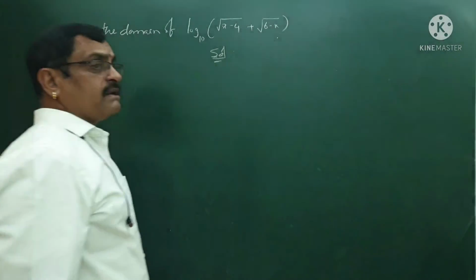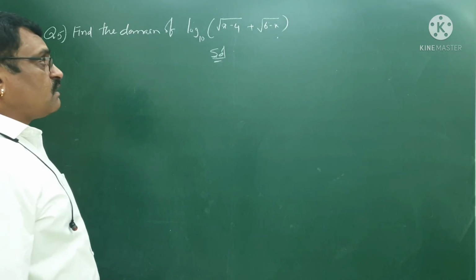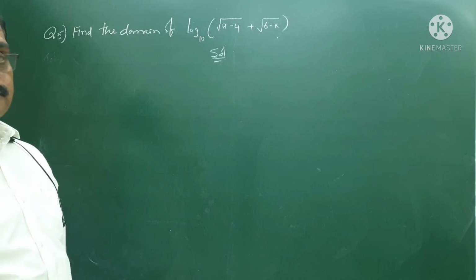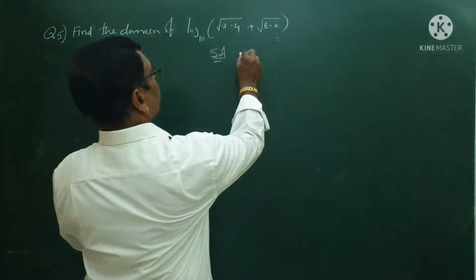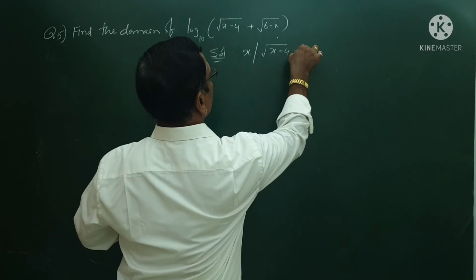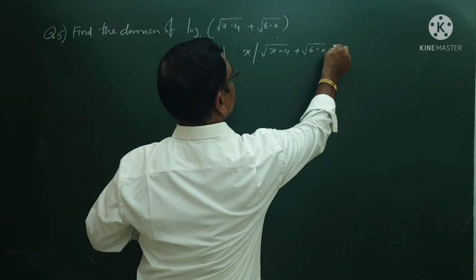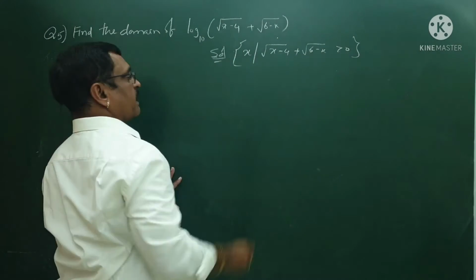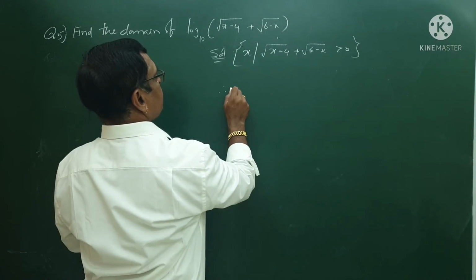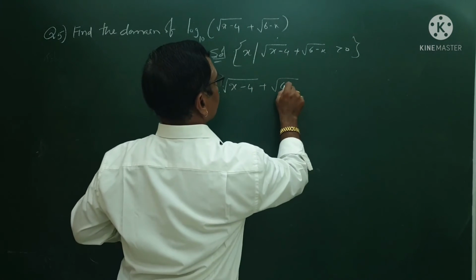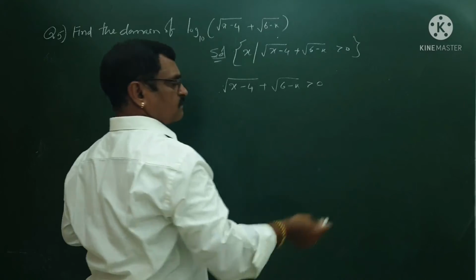Now find the domain of log of root of x minus 4 plus root of 6 minus x, base 10. Because of the logarithm function, x must be such that the root of x minus 4 plus the root of 6 minus x is more than 0.